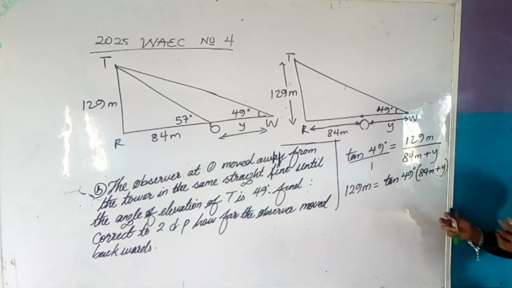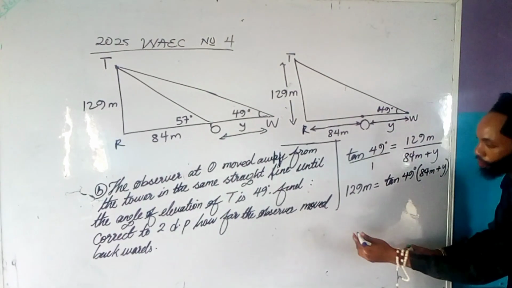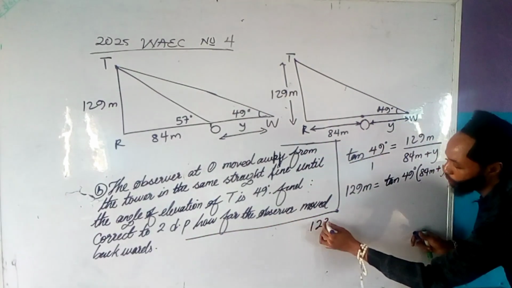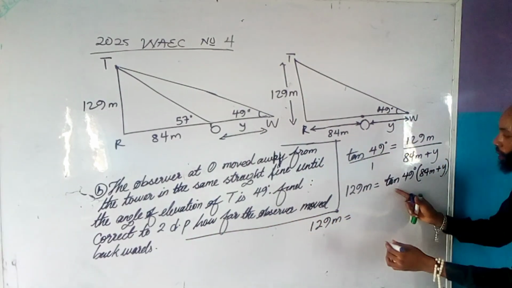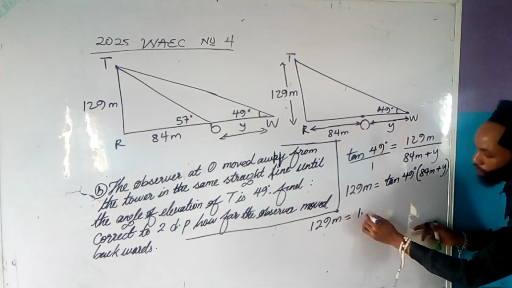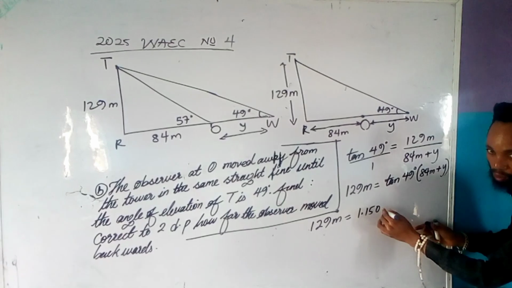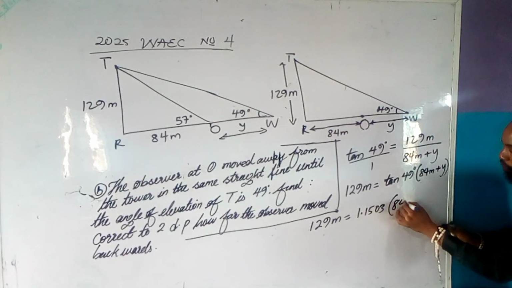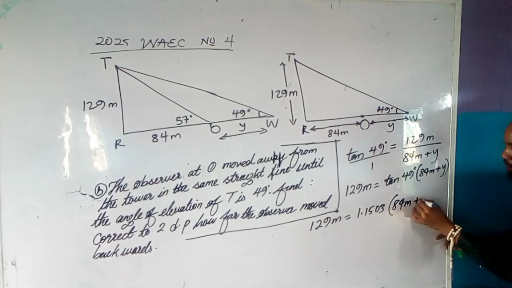Can you see from over there? So we have 129 meter equals, what's tan 49? 1.1503. We have it into brackets, 84 meter plus y.